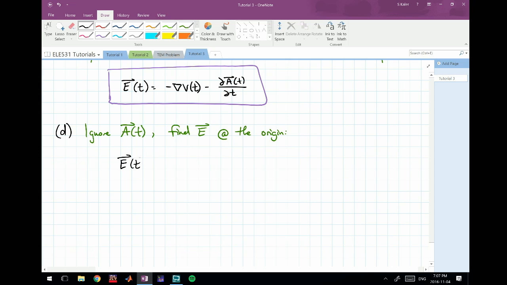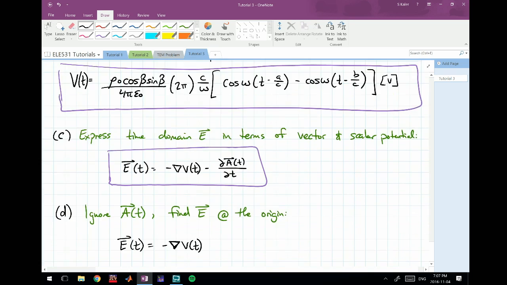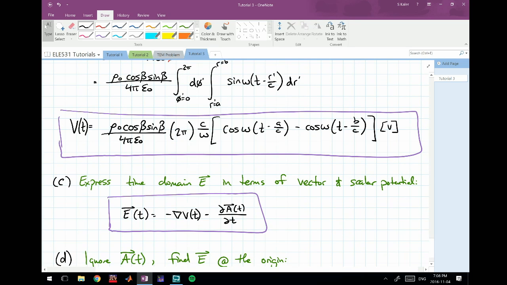It becomes just minus the gradient of V of t, because we've ignored the A term. Just by looking at this expression, can you tell me what the answer should be? The fact that I'm asking you to do something that looks so complicated in such a simple case, exactly, it's 0. Can you tell me why it's 0?